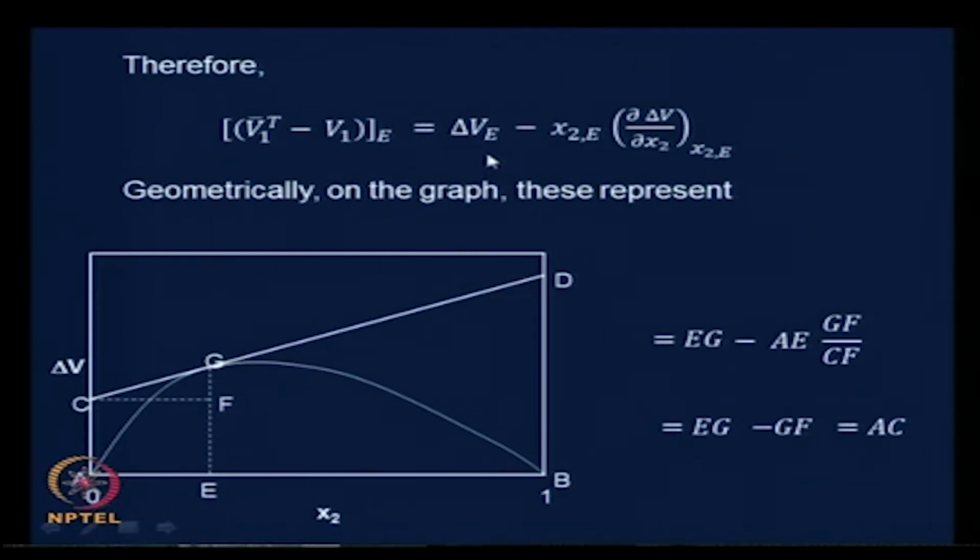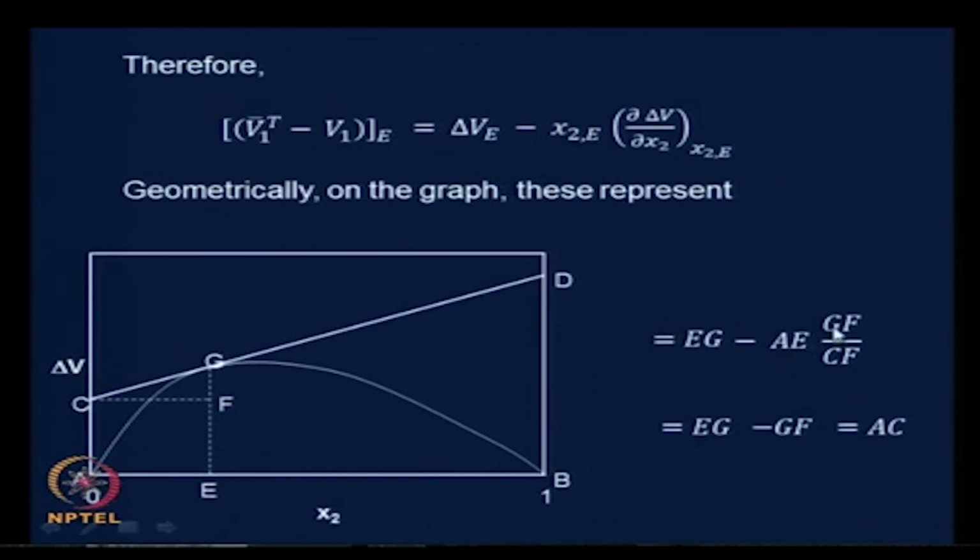For example, delta VE, the volume change on mixing at the mole fraction given by the point E, is nothing but this length GE, because that is the point that corresponds to the curve at the mole fraction given by the point E. So EG is that distance, times x2E, which could be AE or CF, they are the same lengths.